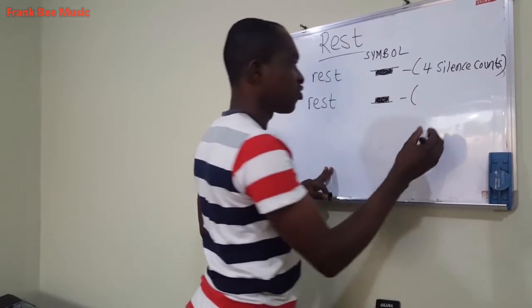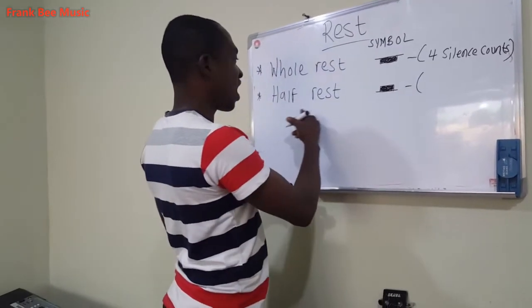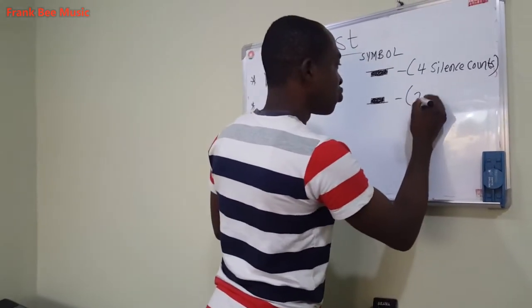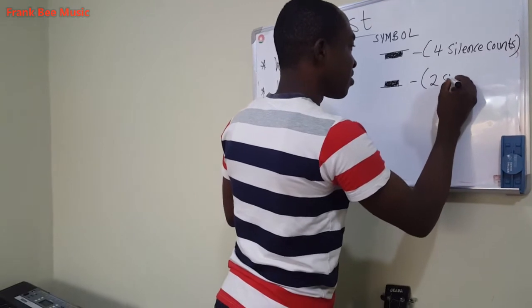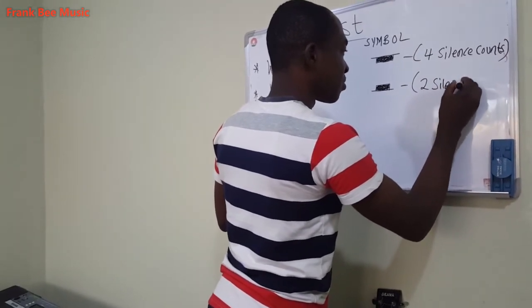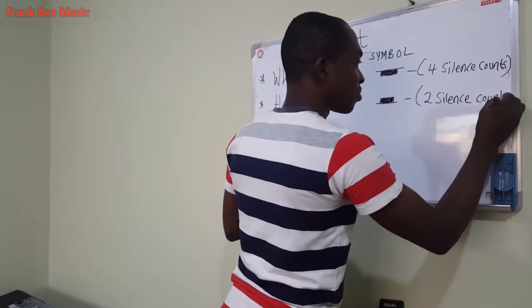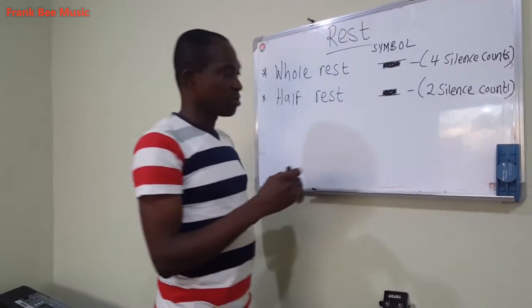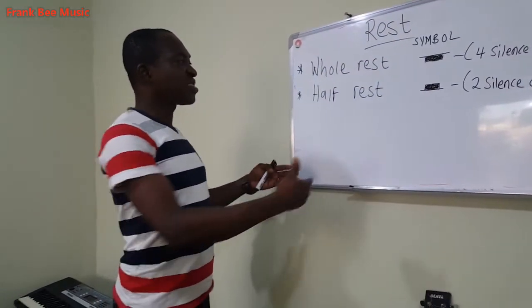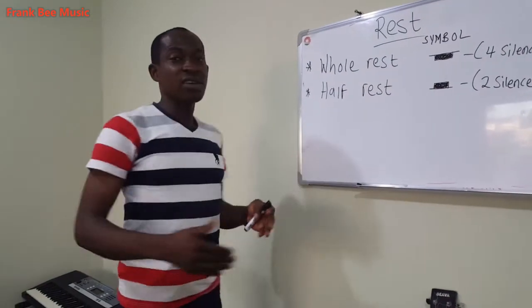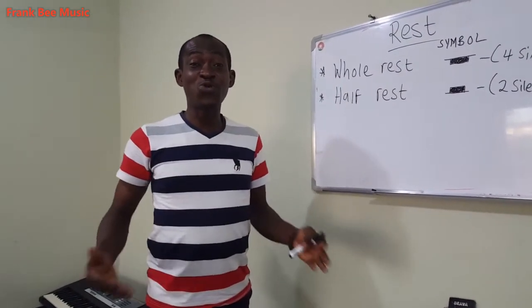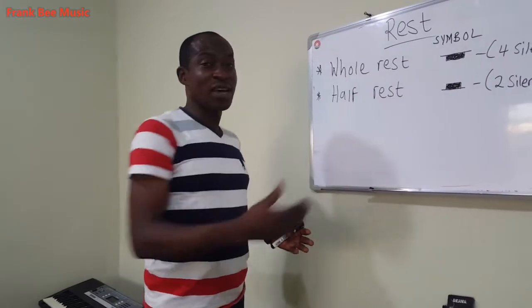Now, the duration of the silence for the half rest is 2 silence counts. So when you see the half rest, it also tells you to rest for 2 counts.